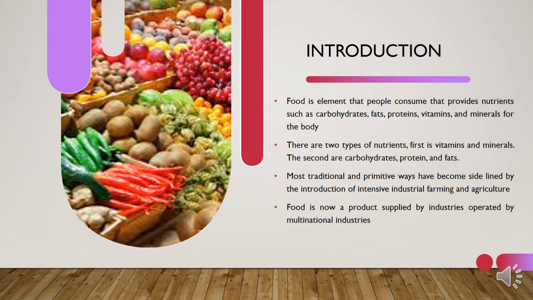The traditional and primitive way of producing food has become sidelined by the introduction of intensive industrial farming and agriculture. Food is now a product supplied by industries operated by multinational industries.